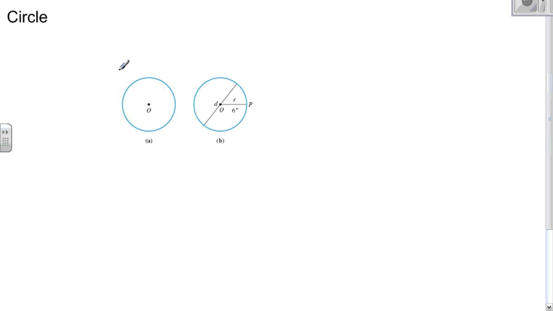You also name circles based off of their center, so this would be circle O. And we mentioned that everything is equidistant from the center. That distance is called the radius, written by R there.